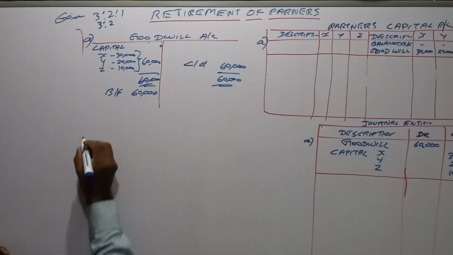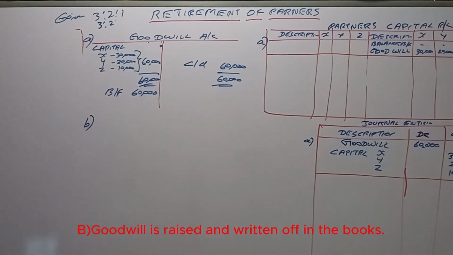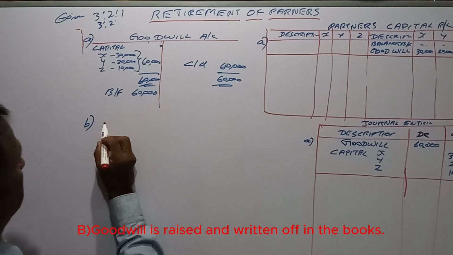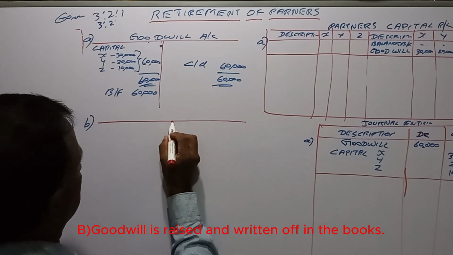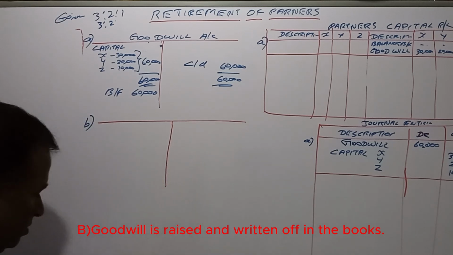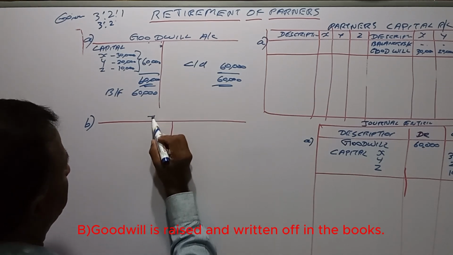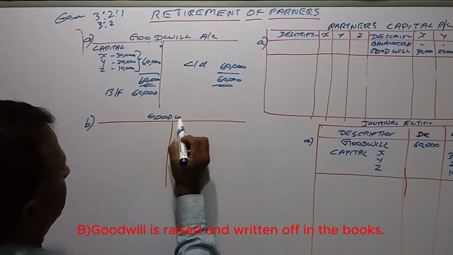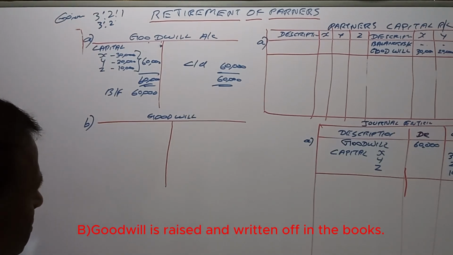Question number B says goodwill is raised and written off in the books. Raised and written off. So here we will say goodwill account.